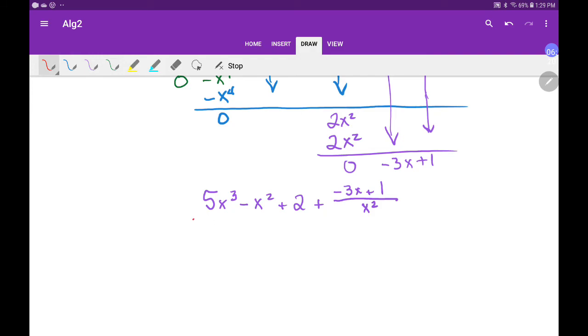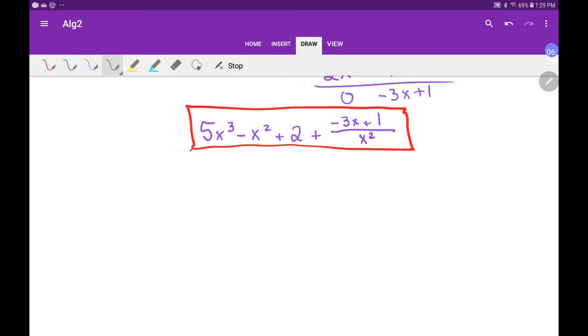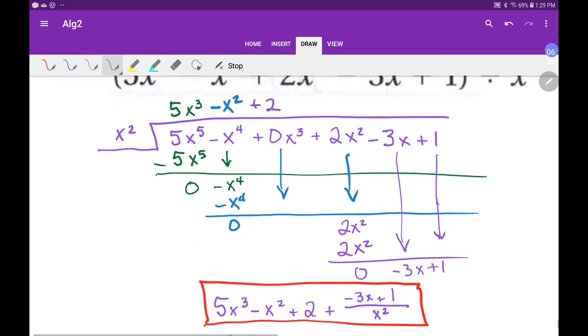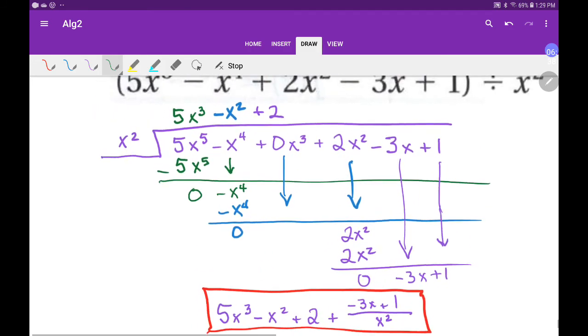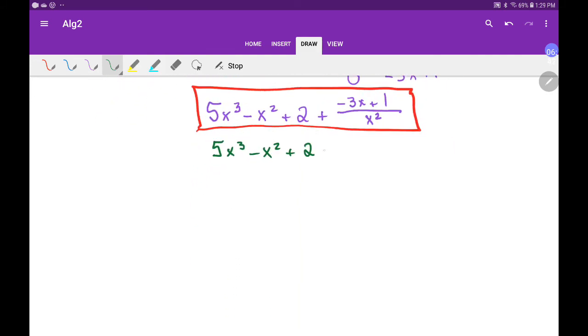And that's my answer. Now if you say, well, that's a negative 3x and that looks kind of funny, could I change it? Well, sure, I could change it. If you like this better, I could say it like this. There's no x that came down, huh? No x. Isn't that funny? Yeah, we skipped over the x to the third, so there was no x term.